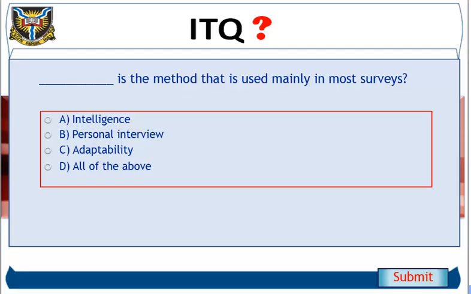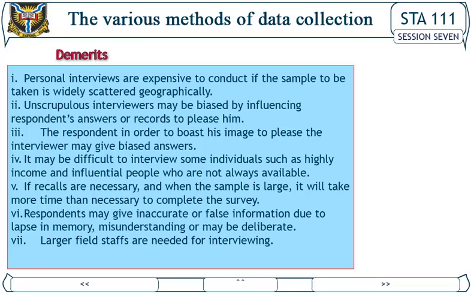In-text question. Demerits. 1. Personal interviews are expensive to conduct if the sample to be taken is widely scattered geographically. 2. Unscrupulous interviewers may be biased, influencing respondents' answers or records to please themselves. 3. The respondent, in order to boost his image and please the interviewer, may give biased answers. 4.